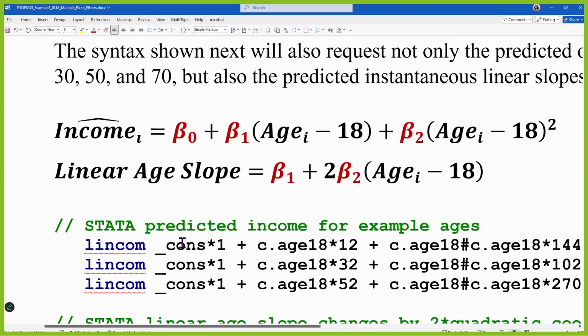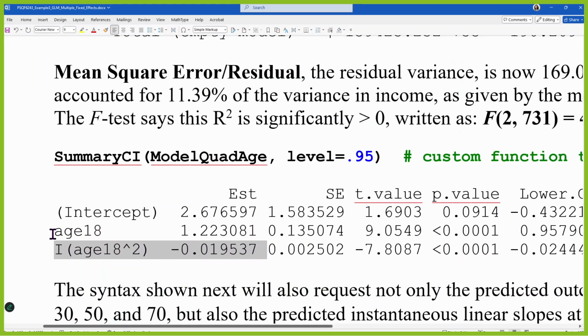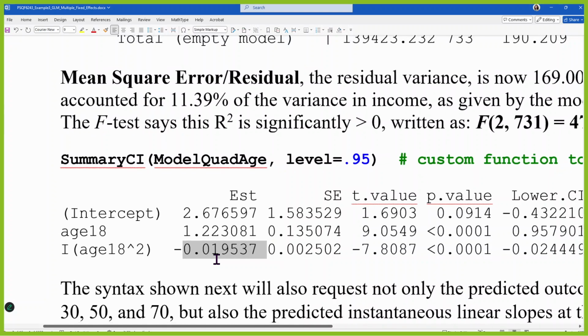Because what ends up happening is the slope at age 18 is 1.22 per year. That slope becomes less positive by twice the quadratic coefficient per year. So the slope at age 19 would be this number times 2 added to it. And each time we would add 2 quadratics to the prediction of the slope.